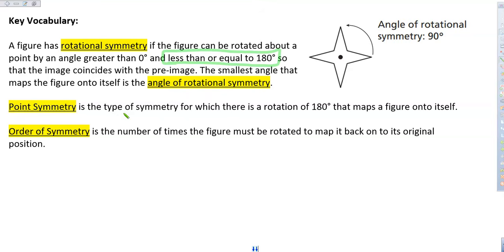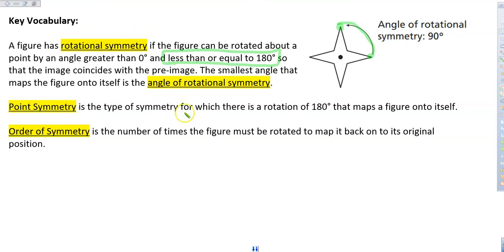Because everything has a rotation of 360 degrees, since you turn it all the way back around. So 180 degrees or less is what's going to give us a figure that actually has rotational symmetry. That just means I can turn this figure and map this point onto this point and have it look exactly the same as it did when we started.